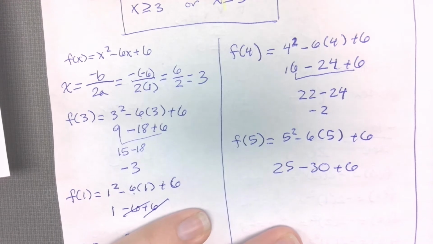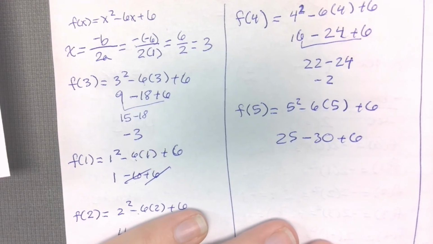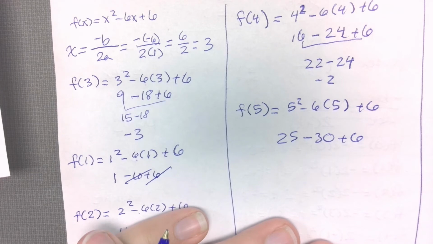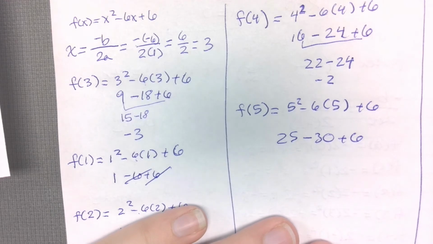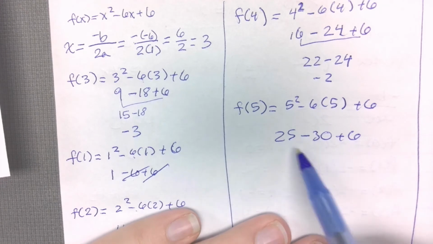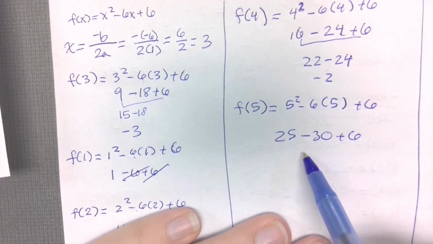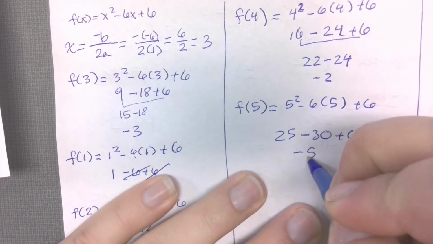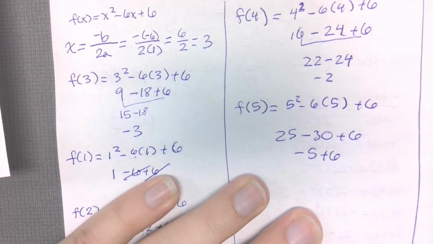Which 2 things do you want to put together? Well, what's 25 take away 30? Negative 5. Then what's negative 5 plus 6?